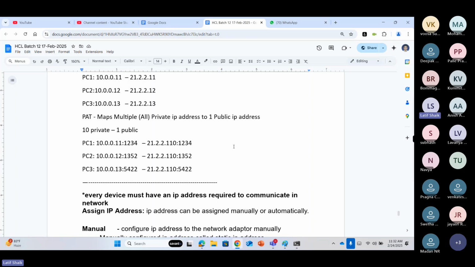What we will do: check if you have a Wi-Fi router, Airtel, ACT, Jio, anything. Make sure 2 or 3 devices, like a mobile phone, laptop, tablet, are connected to the same Wi-Fi router, and open the Chrome browser. Type "what is my IP address".